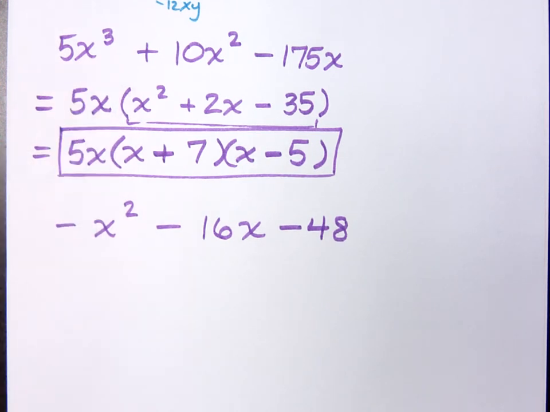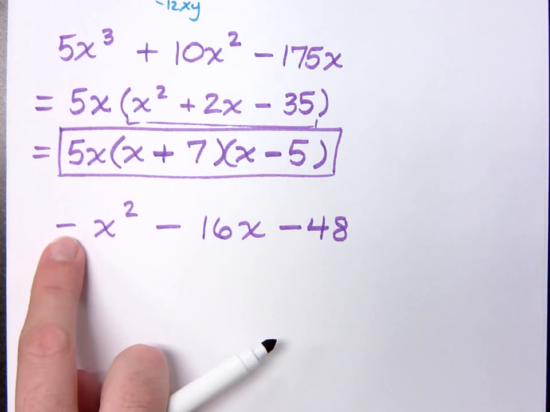Now what about this guy? Negative x squared minus 16x minus 48. What do I do first? Notice that the polynomial starts with a negative.